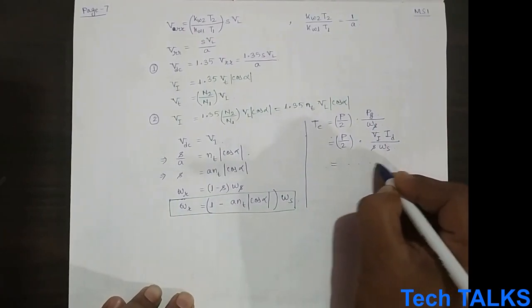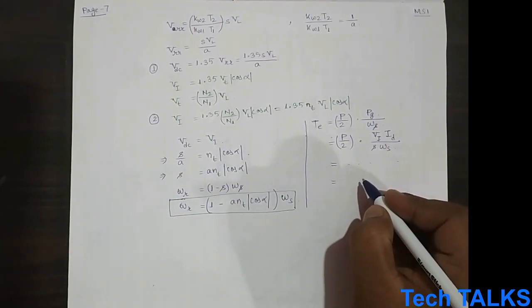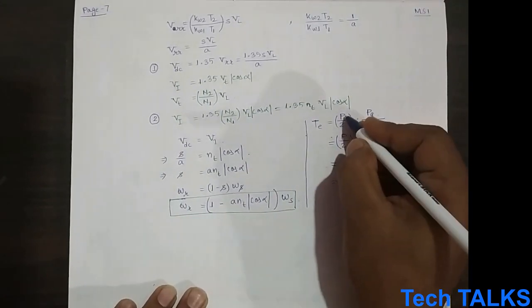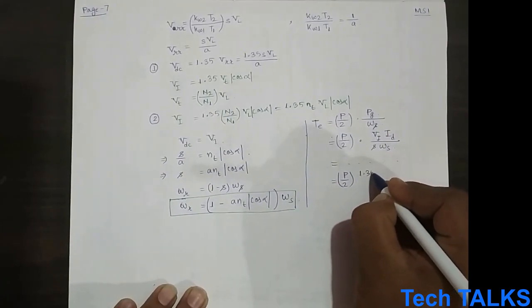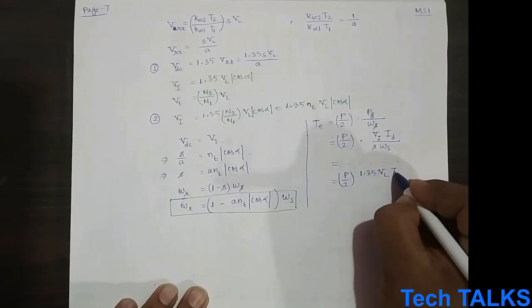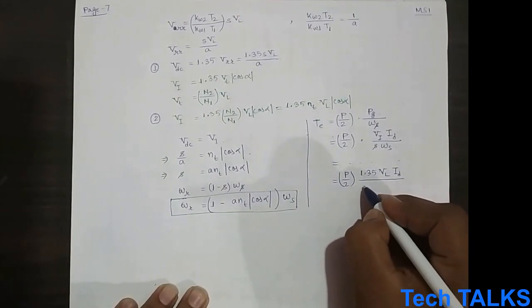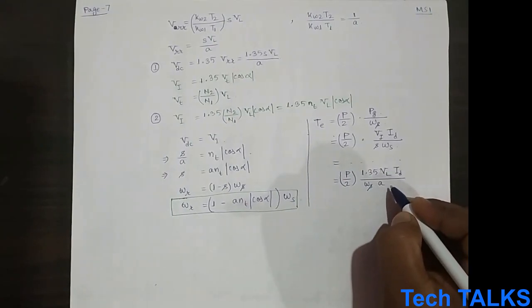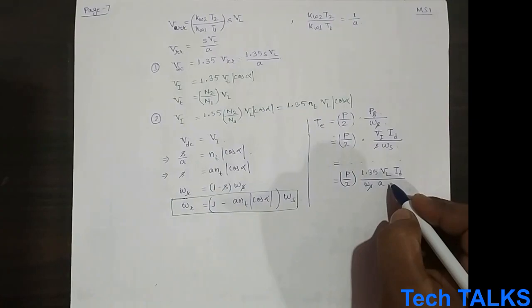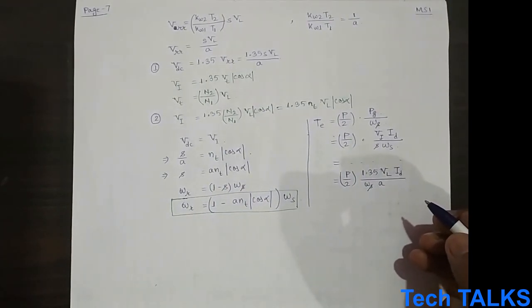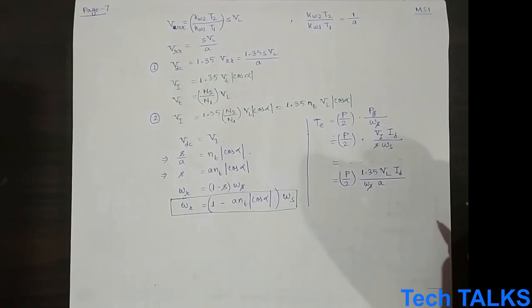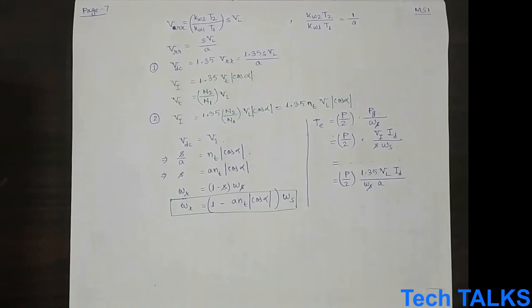Now if you go on putting the values, you will be reaching P by 2, this is the number of poles, this is actually the pole pairs, 1.35 VL ID by omega S A. So this is the torque equation that you will be getting over here.